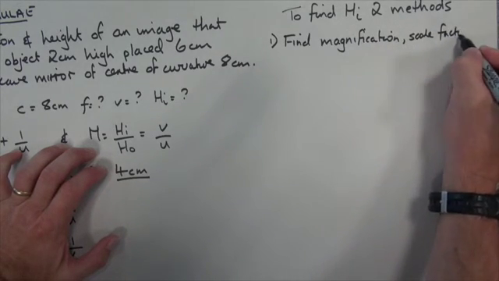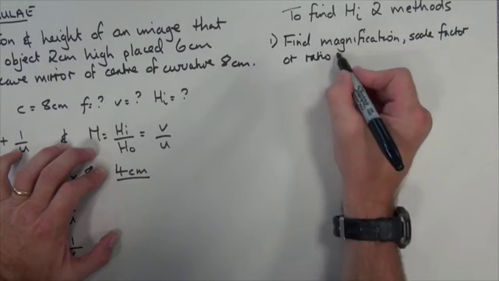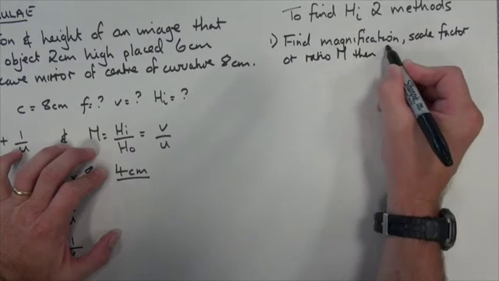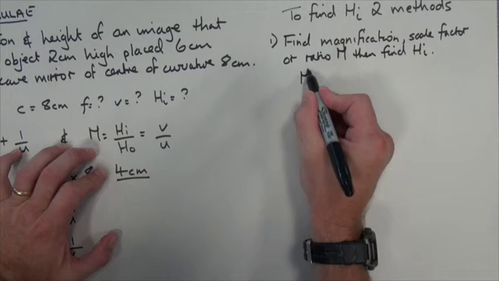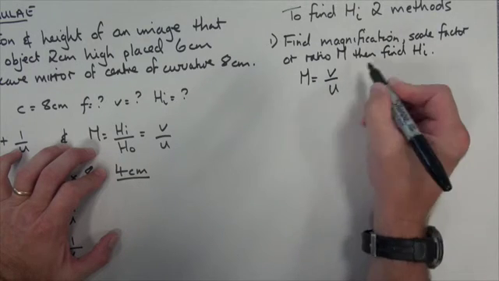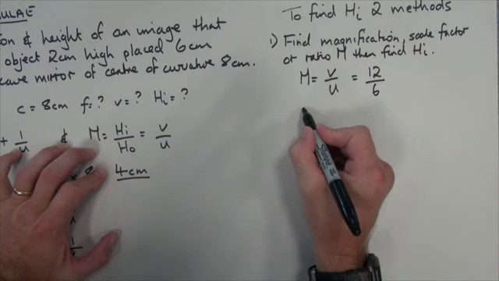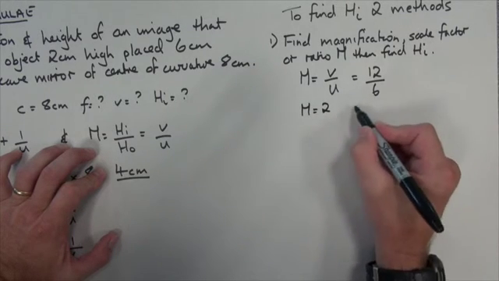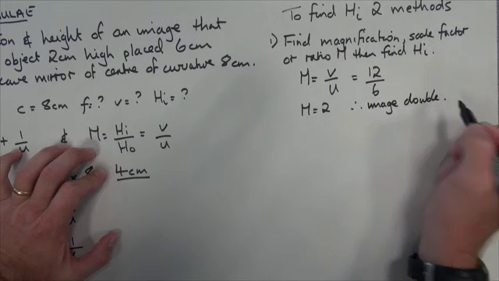This can also be called the scale factor or the ratio. We use m equals v over u, which is 12 over 6, which means our magnification factor is going to be 2. So the image has doubled.